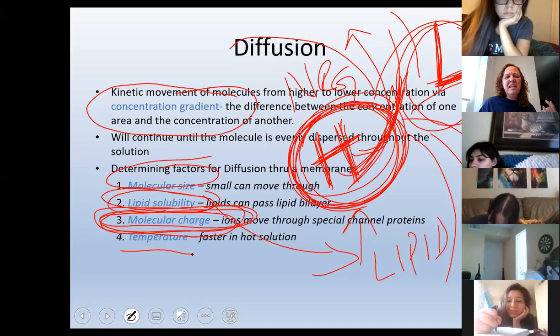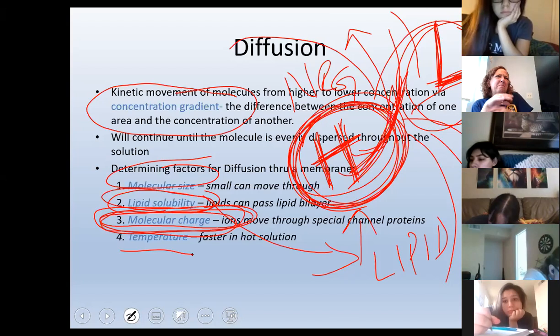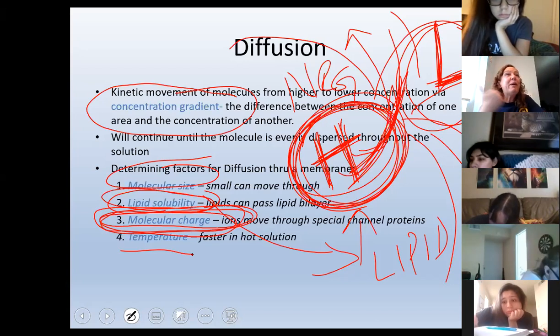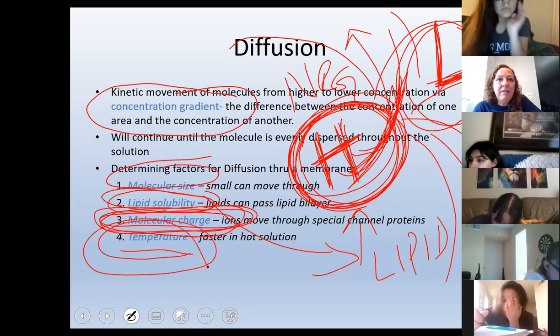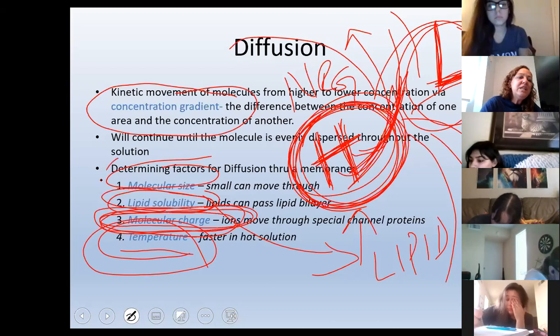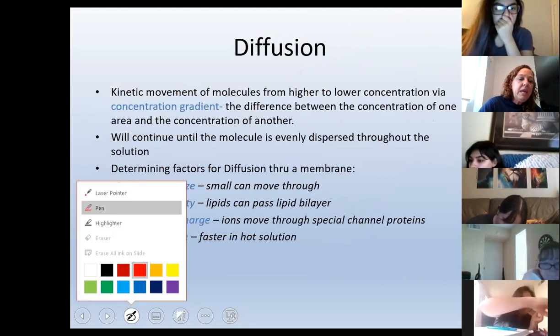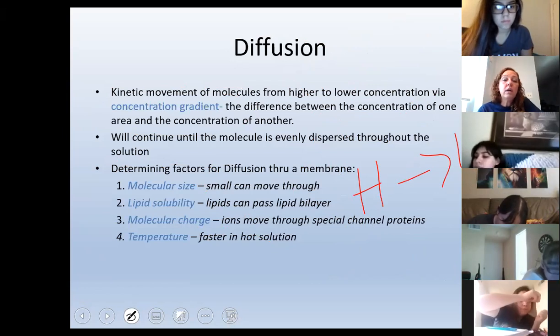You can smell their nasty breath and their BO, and you touch one and they're moist, and I'm telling you, I'm hoofing it as fast as I possibly can to get the heck out of there. Temperature is going to increase the speed of motion. So these are all of the things that are going to impact me moving from a high concentration to a low concentration.